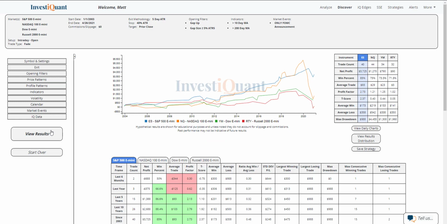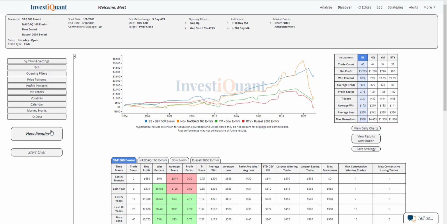And here you go. These are the results of fading an up gap of at least 5% of the 5-day ATR when in a bullish market environment on the day of the FOMC announcement. So you can see the results got quite favorable here for the S&P. The win rate on this has jumped up to 85%, and this is targeting the prior day close.